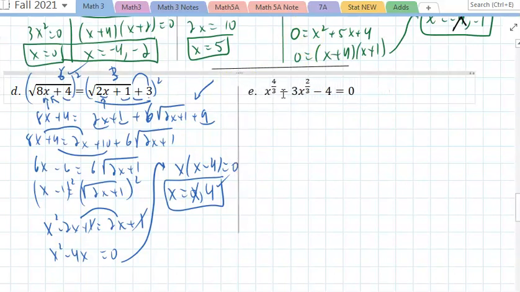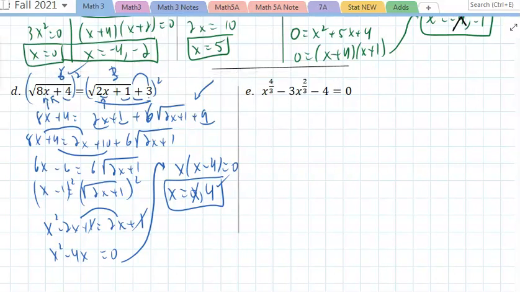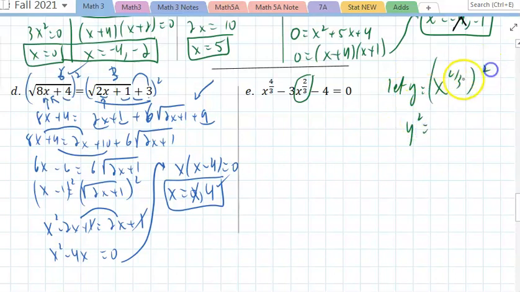Here, I know it doesn't look like it, but this is quadratic. That is, if you let y equal x to the 2/3, if you square both sides, when you square this, you multiply the powers, that's x to the 4/3.